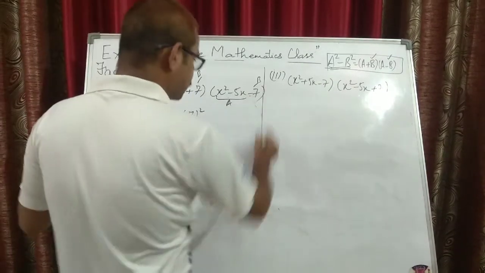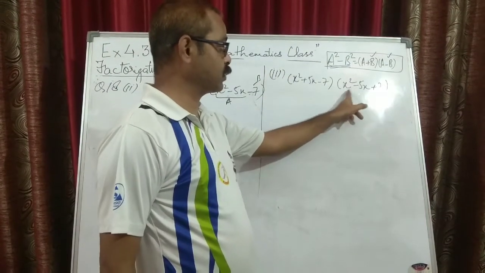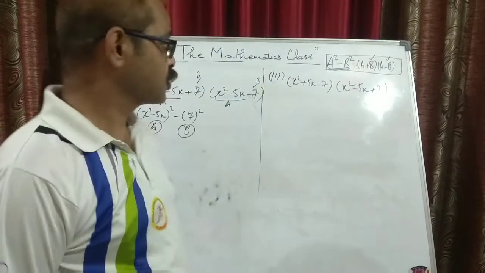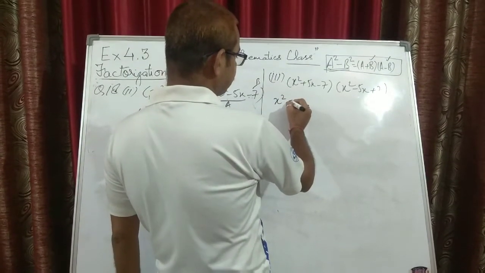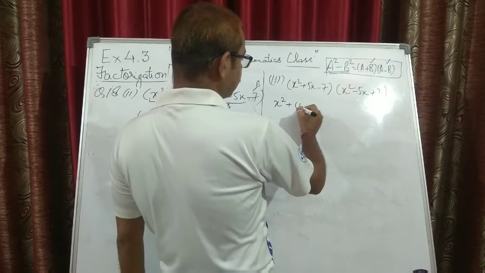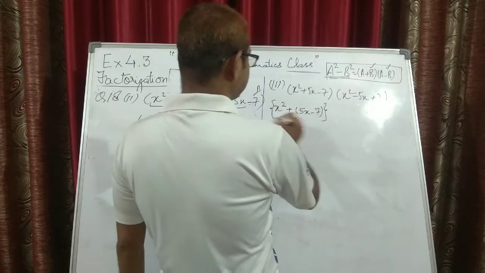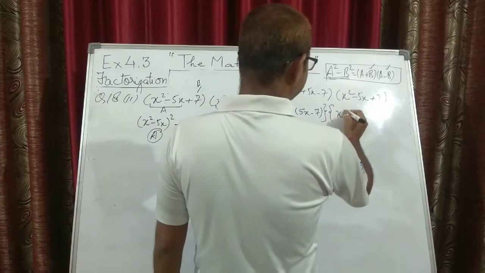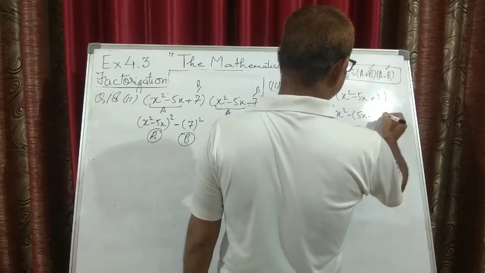Now in the third part, it is x square plus 5x minus 7 and x square minus 5x plus 7. Now what we can do, this can be written as x square plus, I am taking plus common, so what is left? 5x minus 7. And in the second one I am taking x square minus common, so what is left? 5x minus 7.